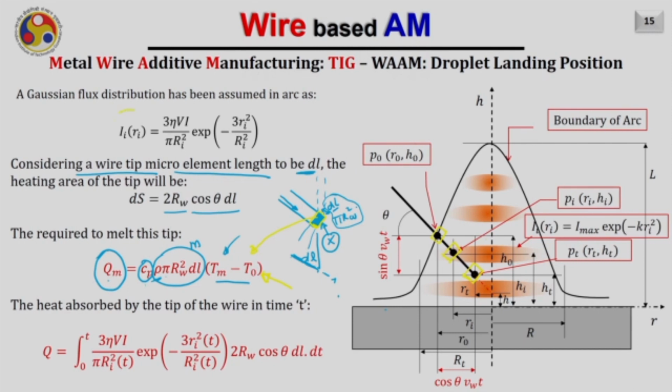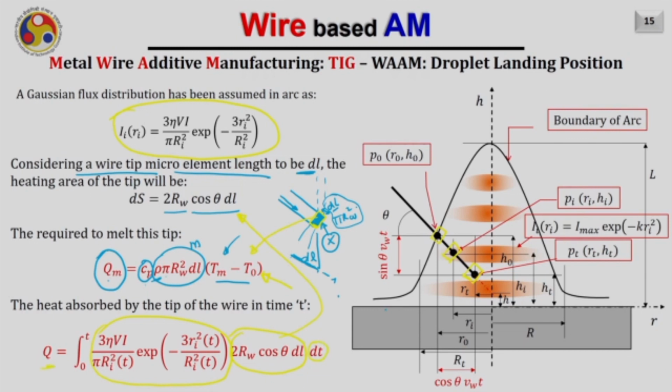We know the intensity, right, by this formula. So we can find this intensity into the area from where it is absorbing the energy. We have already seen that. That will be 2 Rw cos theta dl.